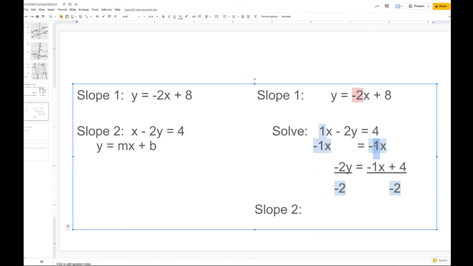Okay. On the right, since we minus 1x on the left side of the expression, we're going to minus 1x on the right expression as well to balance out the equation. So here, you cannot combine 4 and negative 1x. So what you do is just write it in proper form: negative 1x plus 4, because once again, this is a positive number.